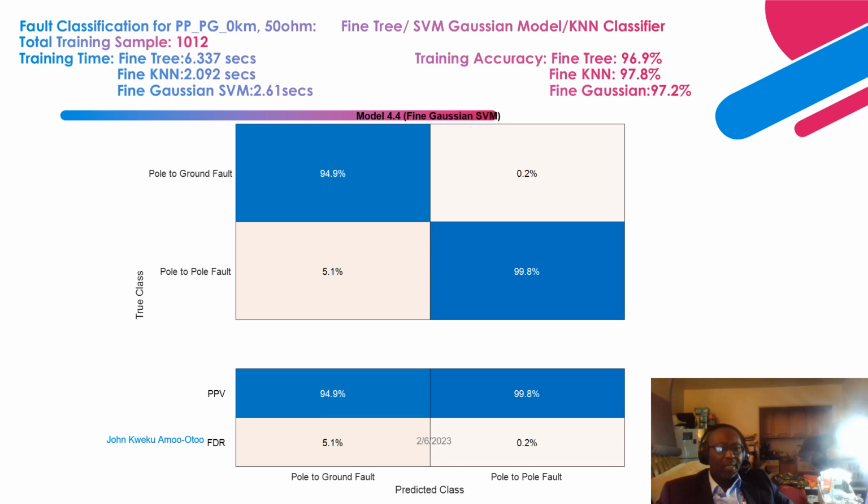This data is quite similar to the previous slide, but it also gives us extra data in the positive predicted values and the false discovery rate. The positive predicted values are also the same as these percentages, the true positive rate, and the false discovery rate is the true negative rate, these percentages that you see over here.